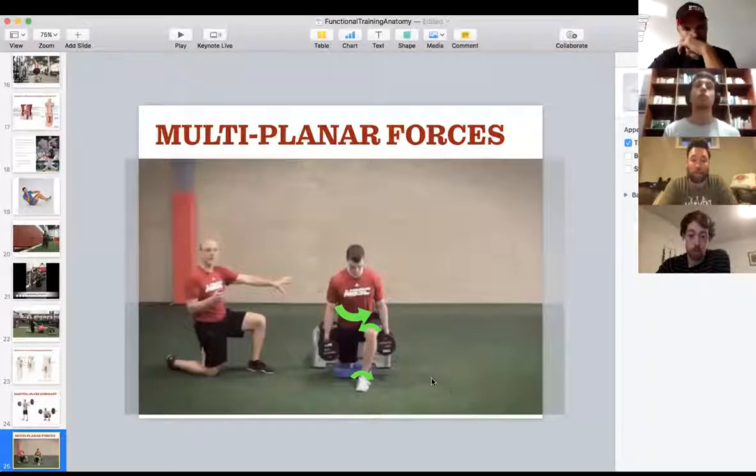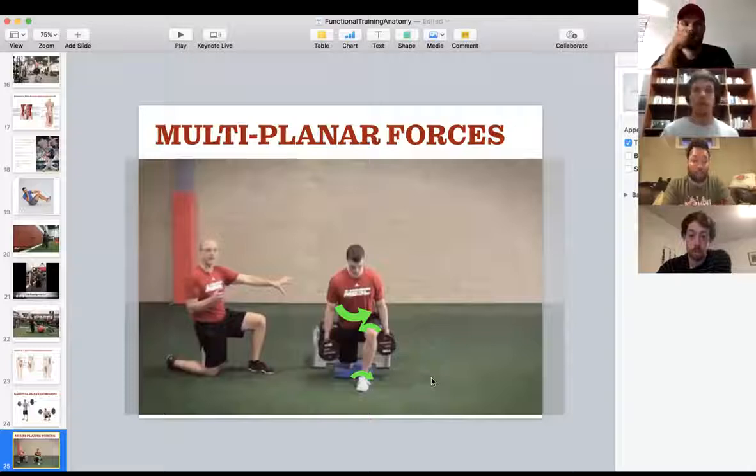Even though the majority of motion when Nir is doing this rear foot elevated split squat, the majority of his actual motion, if you look from a gross standpoint, is still in the sagittal plane, there's a lot of stability going on in the transverse and frontal plane, him managing the position of his pelvis.